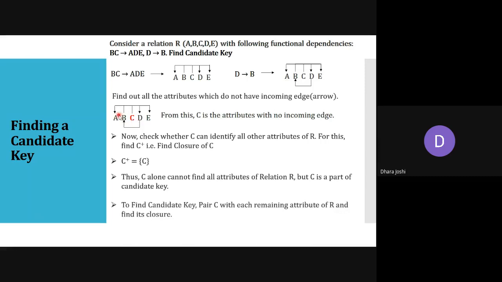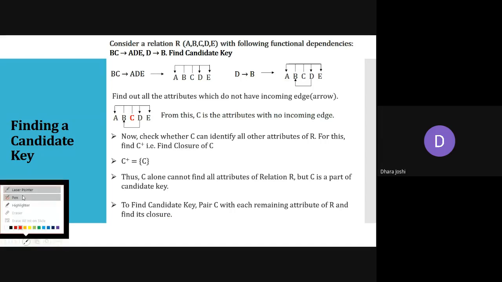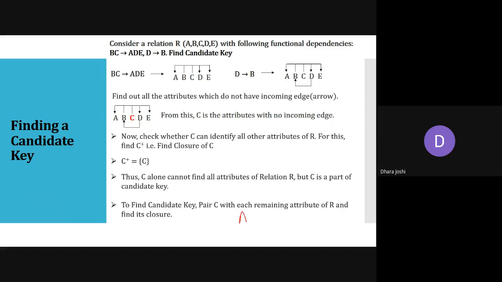That means AC, BC, CD or CE. So to find the candidate key now, pair C with each remaining attribute of the relation and identify the closure for every possibility. So we have said that if we are having C, we can merge C with A.